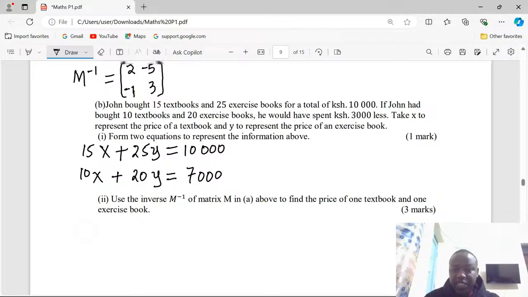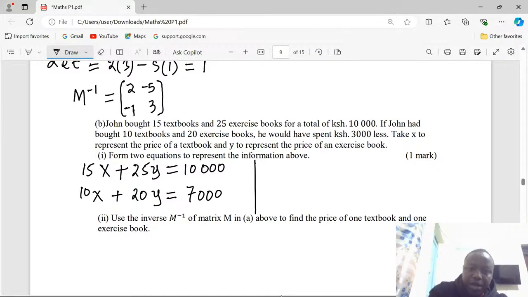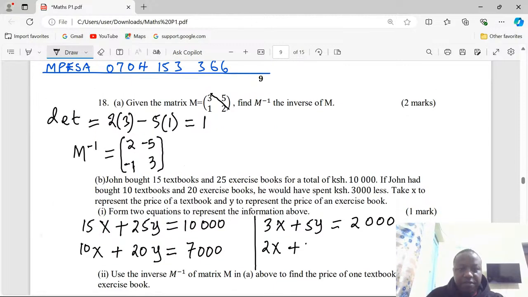At this point, we are supposed to know that the above linear equations can also be simplified. When you divide the first one by 5 through, you get 3x plus 5y being equal to, dividing by 5, 2,000. Again, the lower one can be divided by 5.